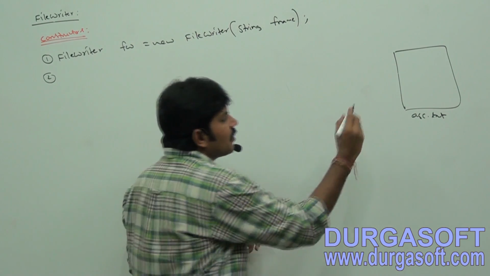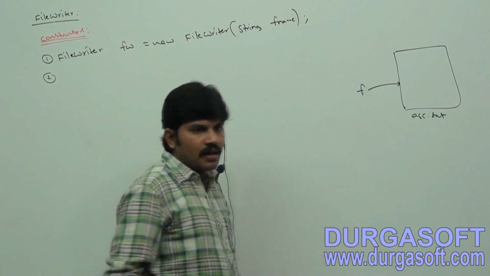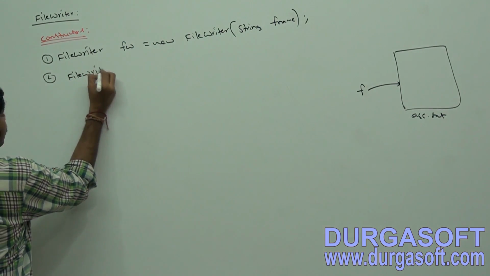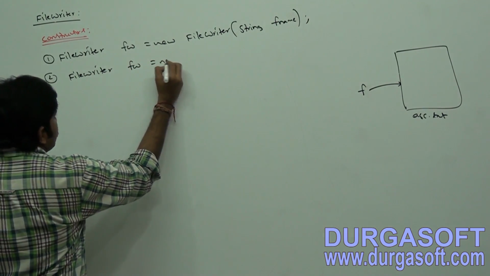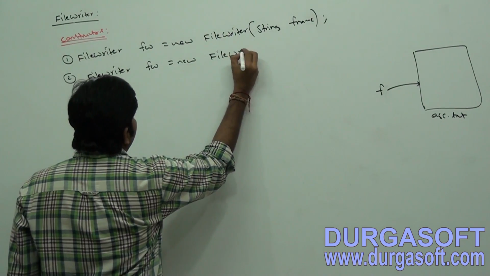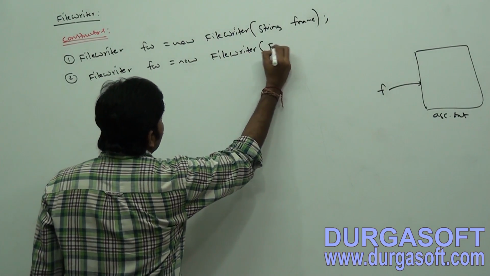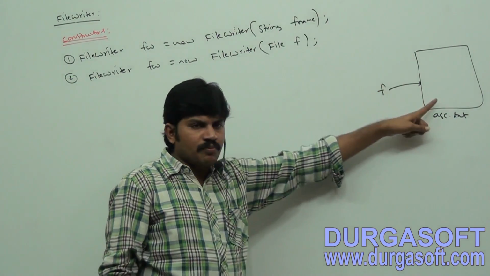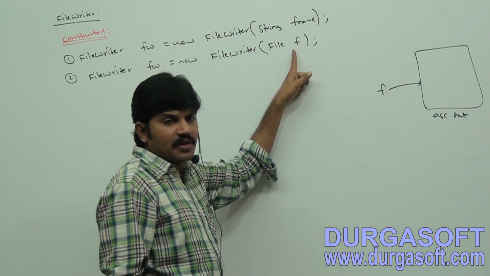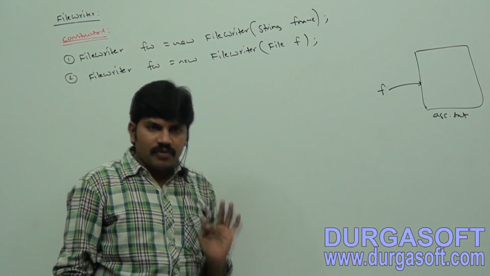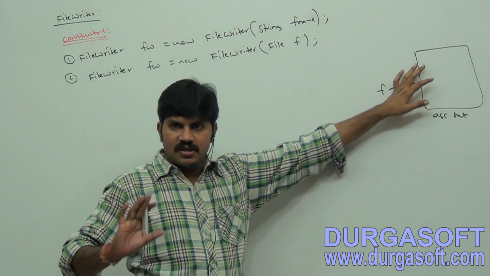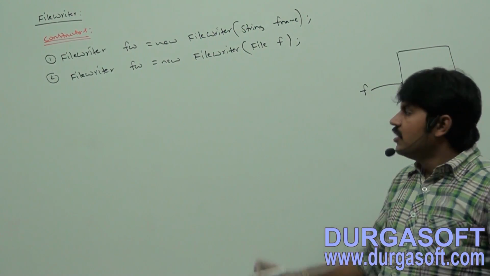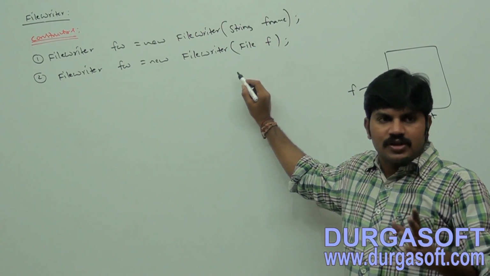Or if abc.txt is already pointed to by f, then the constructor we use is FileWriter fw = new FileWriter(f). Either the file name you can pass or the corresponding file reference. Now this FileWriter can write data to this file. Is it clear for all of you? So how many constructors are there? Two constructors, either file name or the corresponding file reference.